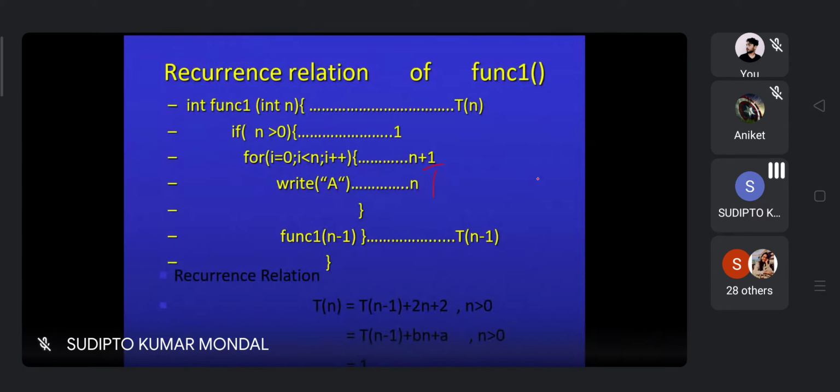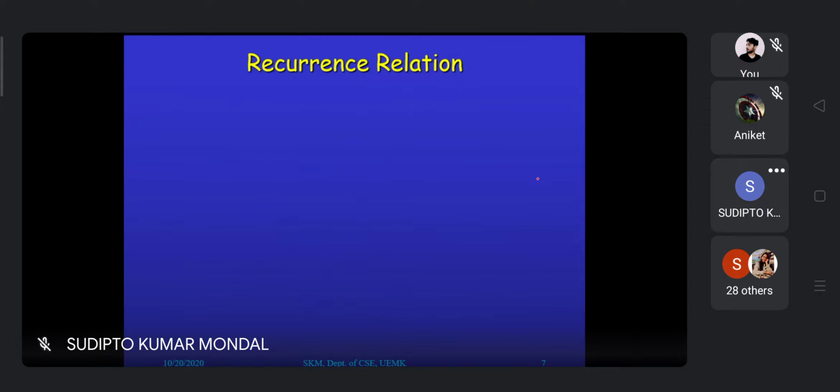If we can solve this, then ultimately what can we find? Our objective is to know how many times our calculation will go on. So once we can frame the recurrence relation, our final target is to solve it, and that we will learn in this particular class: how to solve the recurrence relation.